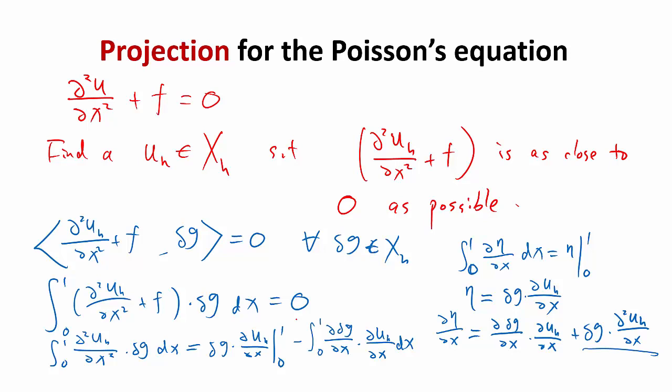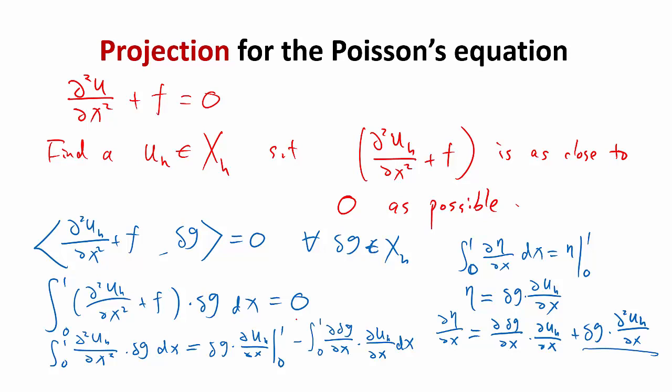All right. So this is what we mean by projecting a differential equation into a finite dimensional functional space. By doing this, we get the finite element solution of this differential equation.